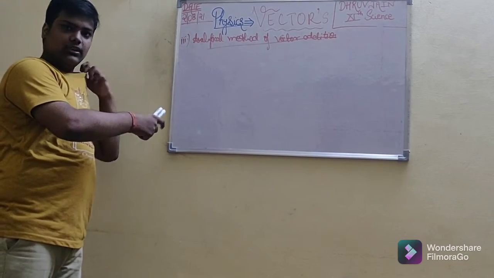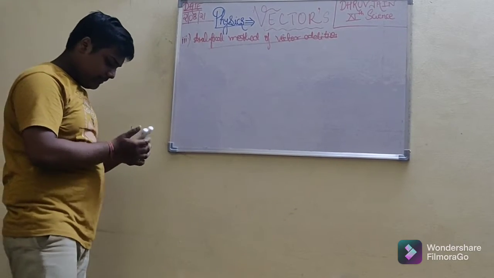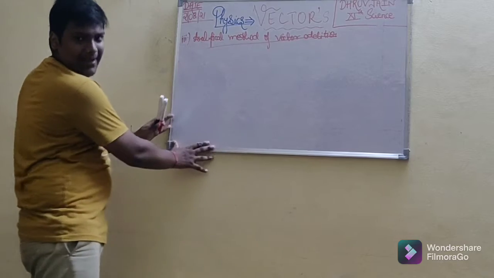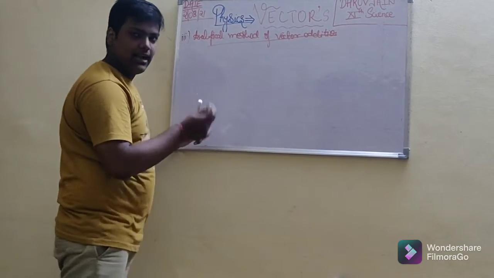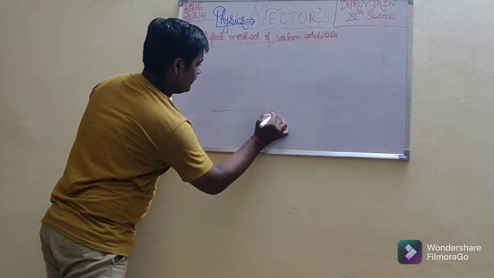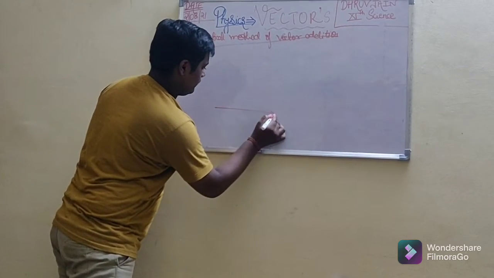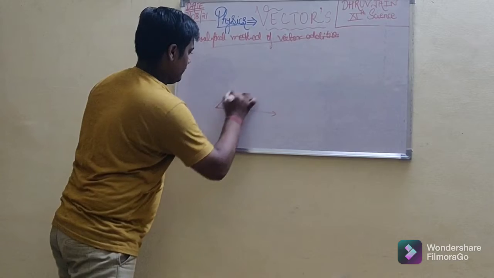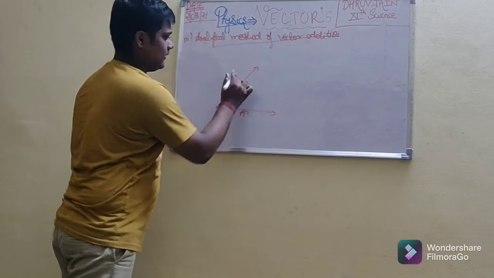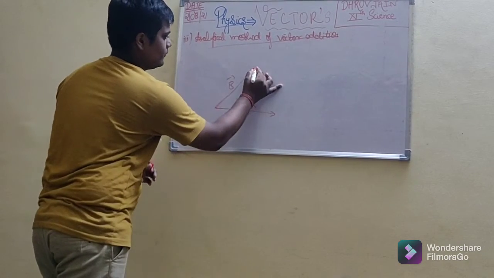Firstly, we will do the same as what we have done in the parallelogram. So let us firstly draw a parallelogram that we have done before. This is our A. This is the A vector. This is the B vector. Complete the parallelogram.